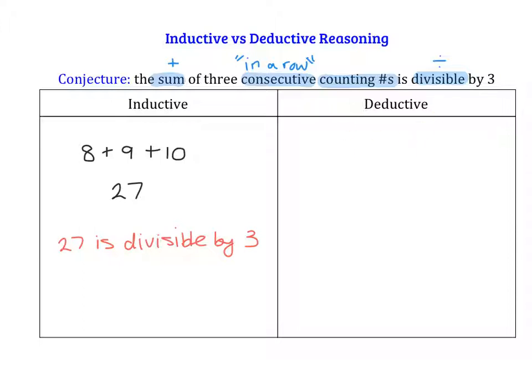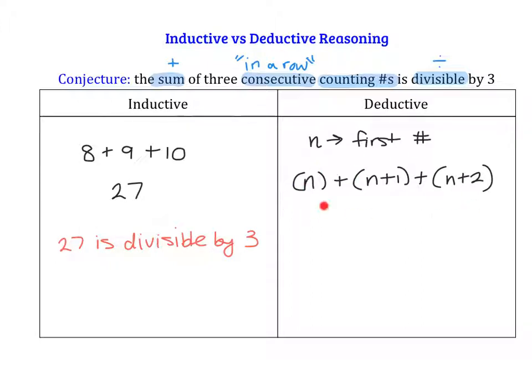However, deductive reasoning is more logic-based and it covers all possible answers. We're going to do this with some variables. Let's say n is our first number. The next counting number is just one number higher, so n plus 1. And the next one would be n plus 2. This is a more general way to describe 3 consecutive counting numbers.